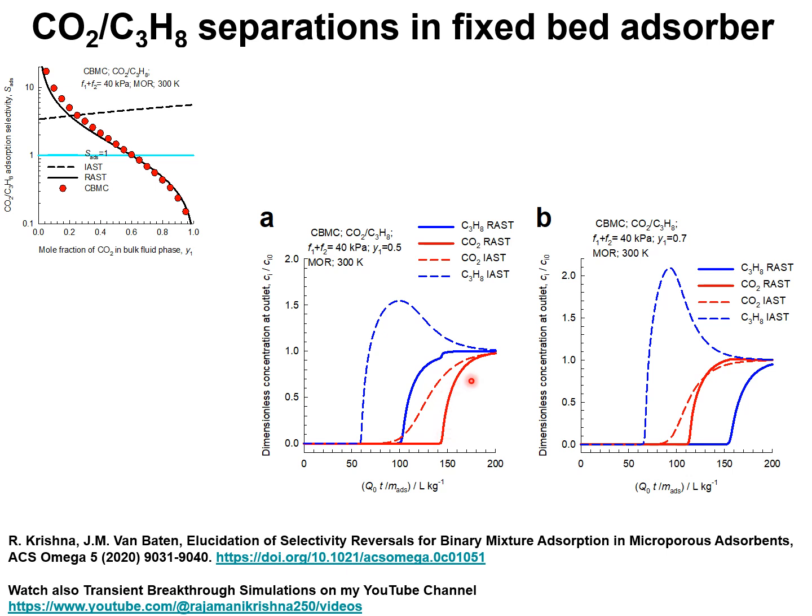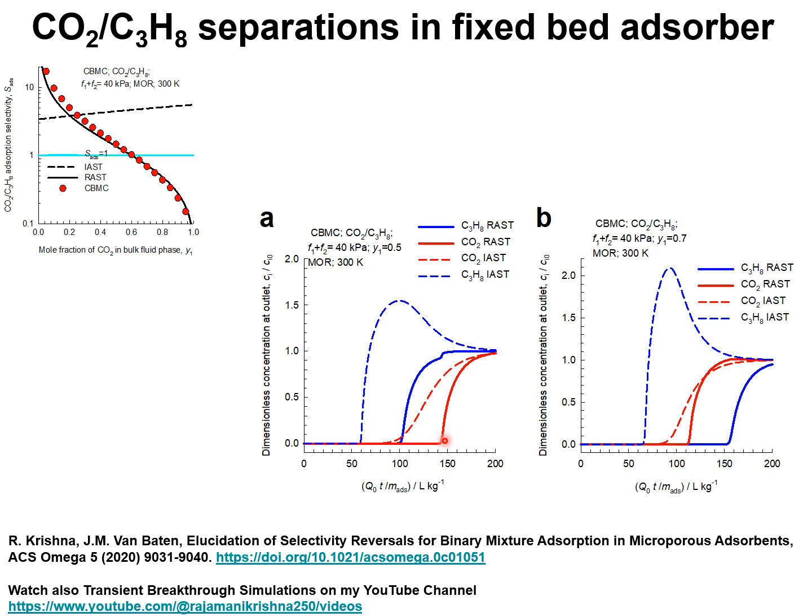the transient breakthrough simulations are performed with the RAST, shown by the continuous solid lines. The red line indicates the breakthrough of CO2. The blue line indicates the breakthrough of propane. The corresponding simulations using the IAST are indicated by the dashed lines.